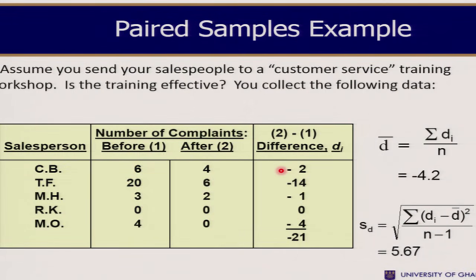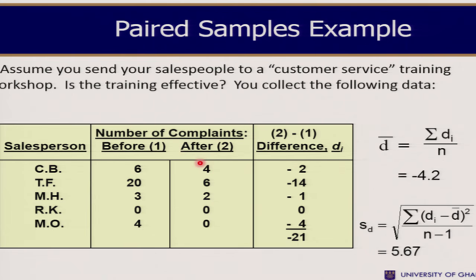If we are supposed to formulate other hypotheses based on, say, whether the training has been effective, then if the training has been effective, we expect that the number of complaints before should be more than the number of complaints after. That is, we expect a reduction in the number of complaints.